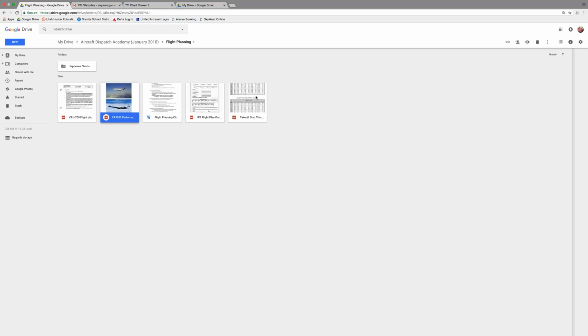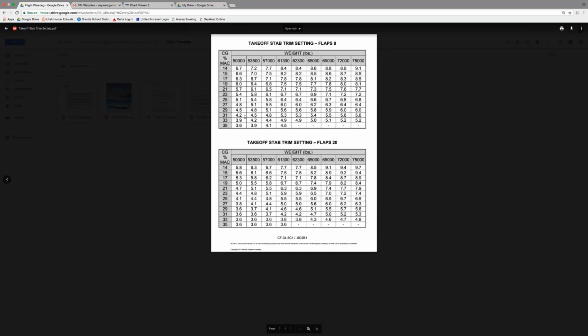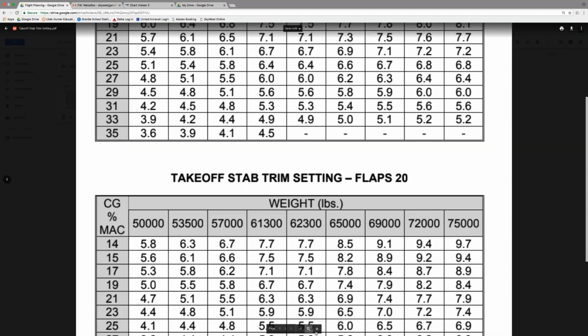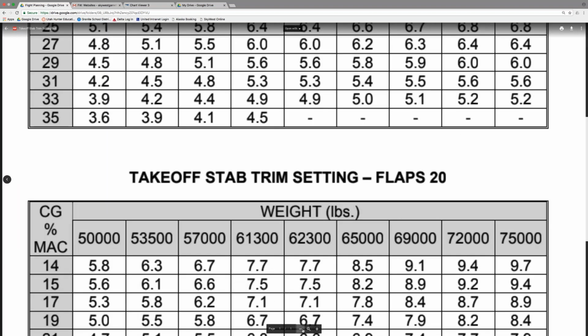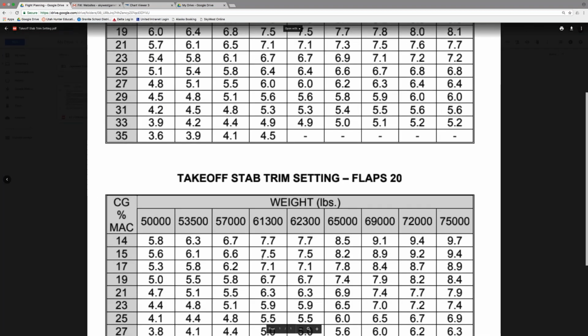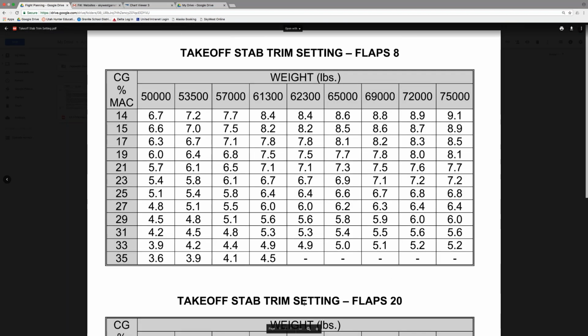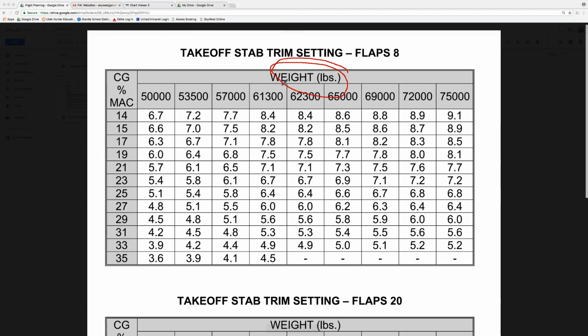So when we're doing our flight planning, we have to figure out what our takeoff speed is going to be. This is where we use our percentage of MAC. If you notice here, this chart asks for our weight. So we have our weights across the top and then our CG percent of MAC down this side right here.